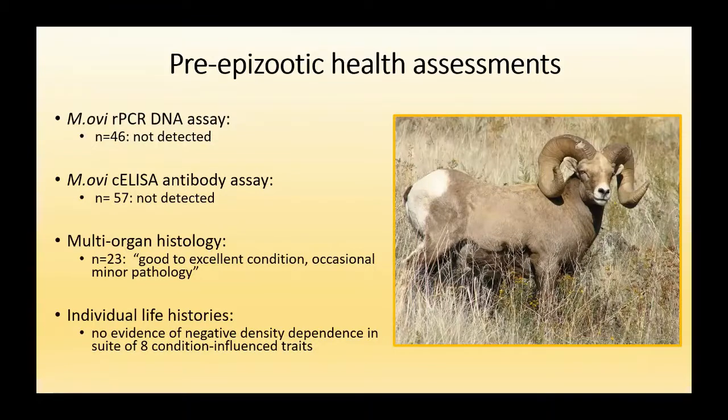So in terms of what we knew about the situation in the population before this 2016 epidemic, it's actually fairly extensive. Most of the three clinical assessments listed in this slide, the real-time PCR assay, the C-ELISA assay, and the pathology, the histology, most of that dates from 2015 and 2016, so immediately before the epidemic.